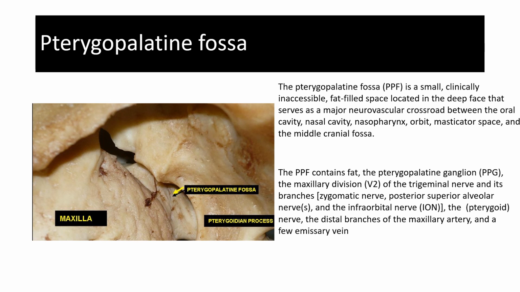So the PPF is a small, clinically inaccessible fat-filled space that serves as a neurovascular crossroad because there are so many nerves going through this space. The PPF contains fat, the pterygopalatine ganglion, the maxillary division of the trigeminal nerve and its branches, the infraorbital nerve, the distal branches of the maxillary artery, and a few emissary veins.